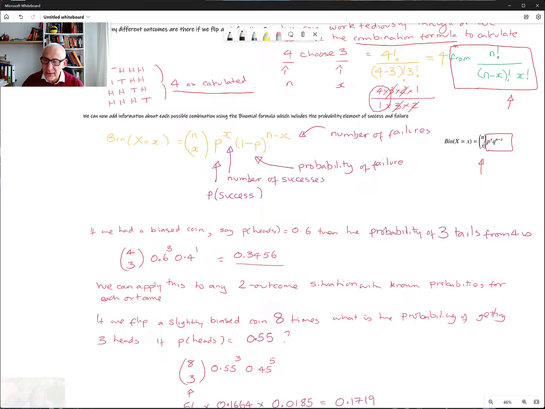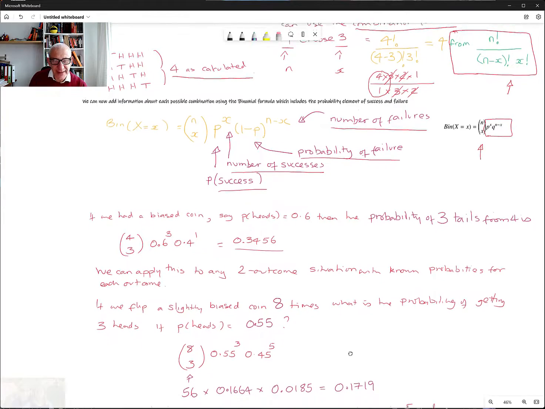It's going to go the successful route x times, which means, by definition, it's going to go the unsuccessful route n minus x times. So that's all it is. This works out the total number of possible combinations for a particular thing you're asking, and then it calculates the probability associated with that particular combination. I've written that out here. Once again, the file will be available for you to see in Moodle at the end of this particular session.